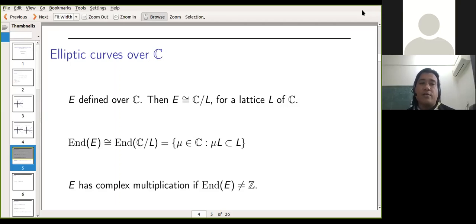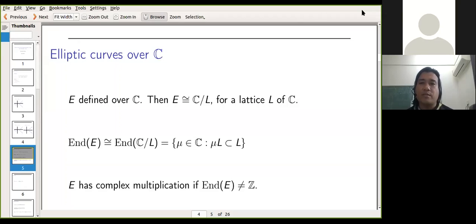Okay, and when do we say that E has complex multiplication? We say that E has complex multiplication if the endomorphism ring is not equal to Z. It should properly contain Z. Okay, so whenever I have an elliptic curve defined over C with complex multiplication, then we can think of the minimal field where E is defined.